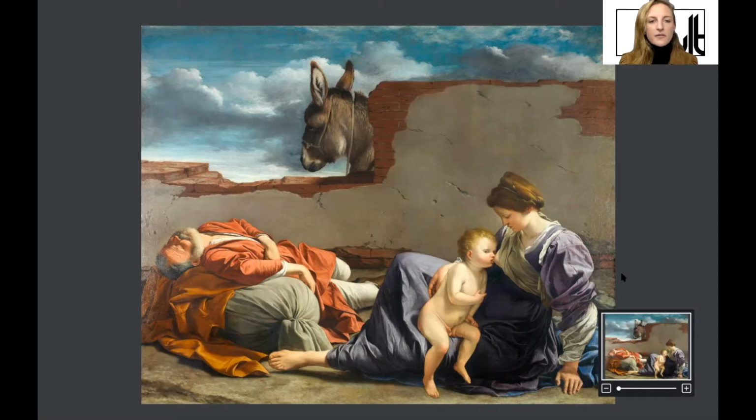In the Gospel of Matthew, there is a description about the moment that Joseph and Mary and the baby Jesus flee Bethlehem in order to escape the terrors of King Herod, who is trying to kill the infant Jesus, and they are fleeing to Egypt, and that's literally all we get told.